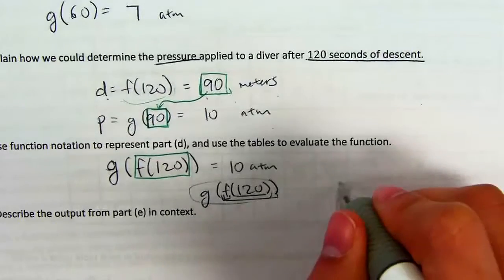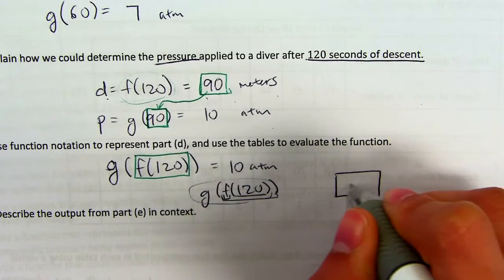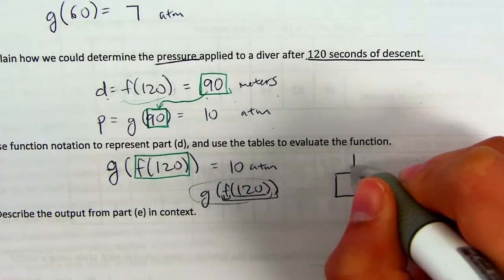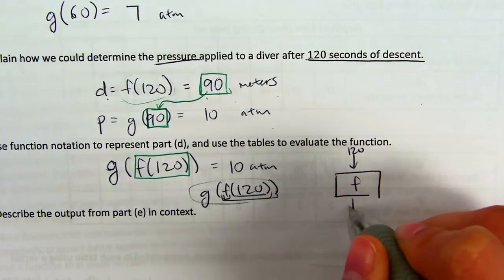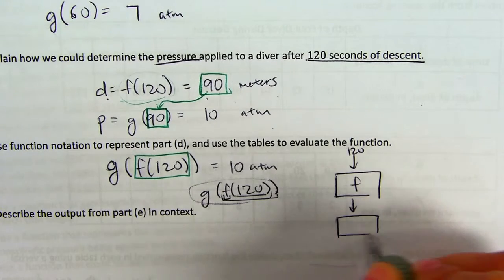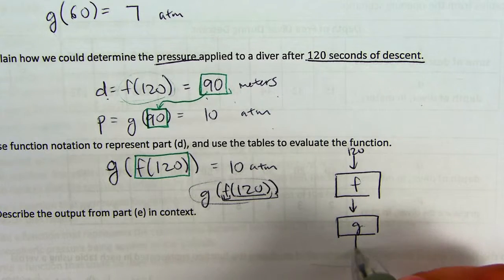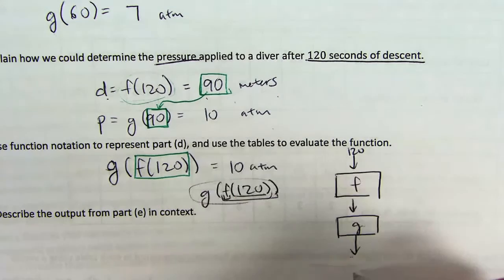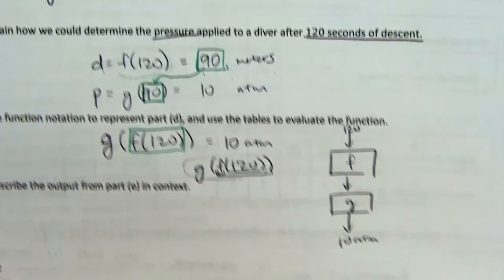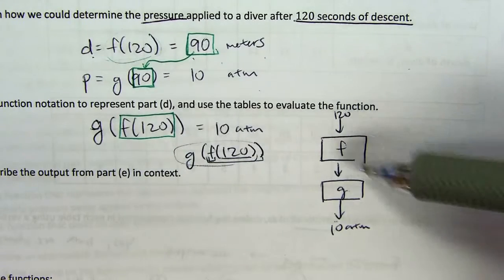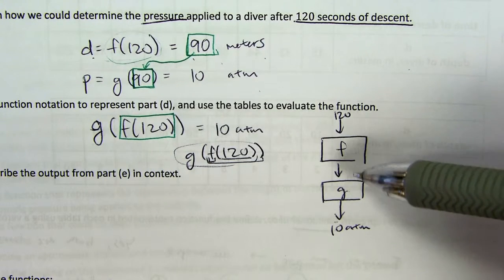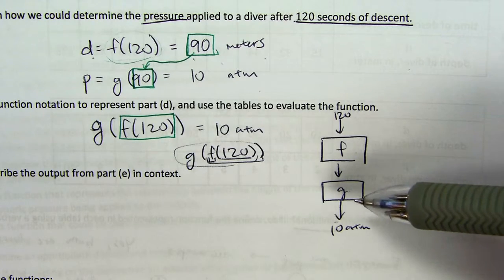Let me give you another notation. If this is your function f, you plug in that 120, and whatever you get back out is what you plug into your function g. Then your final answer is that 10 atmospheres. So we looked at our first table, plugged in 120, figured out what we got back out, and plugged that into our second function g.